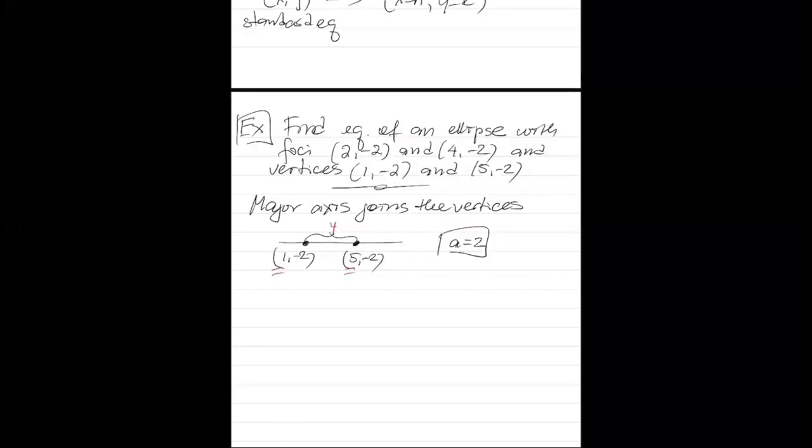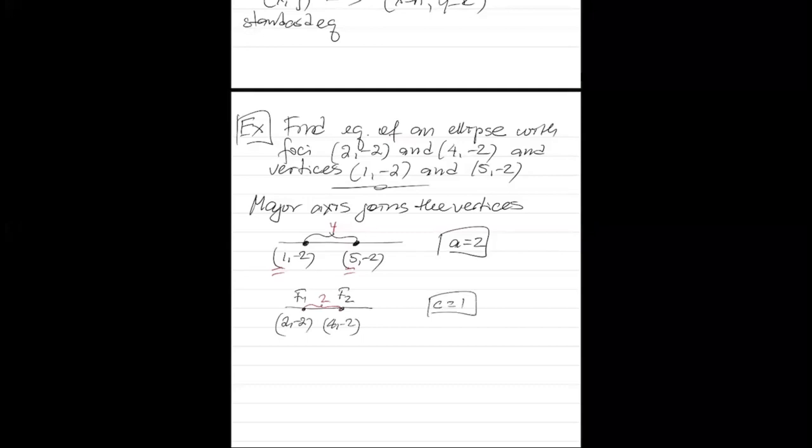So the distance between the two vertices is 4, so A is 2, and the distance between the two foci is from 2, -2 to 4, -2. That distance is 2. So what that means is the C is 1.